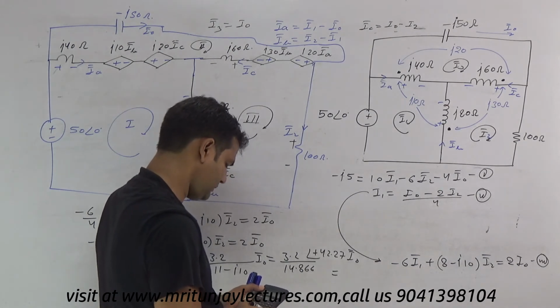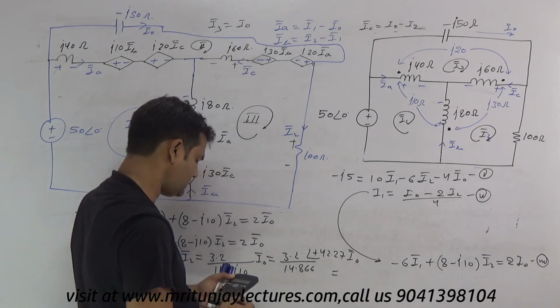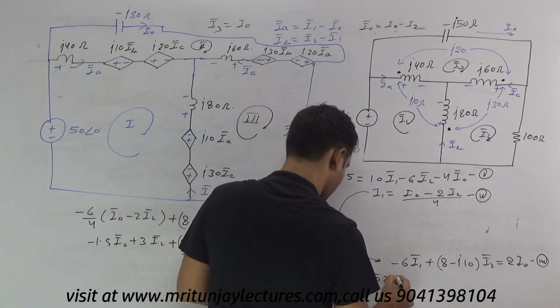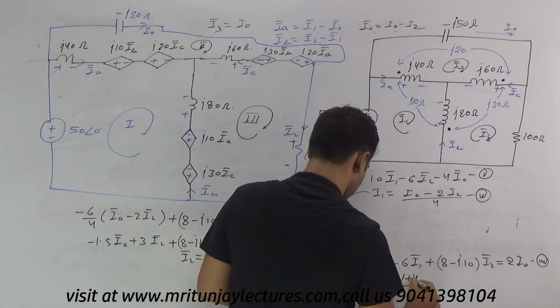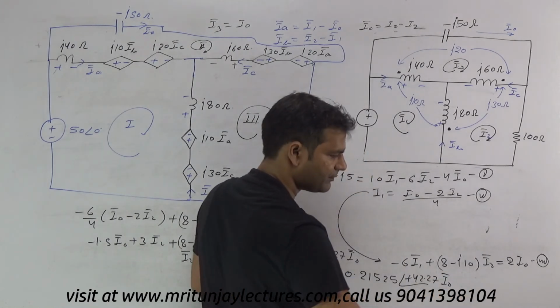Okay, so finally 3.2 divided by 14.866, that is 0.21525 at the angle plus 42.27 I naught. Clear?